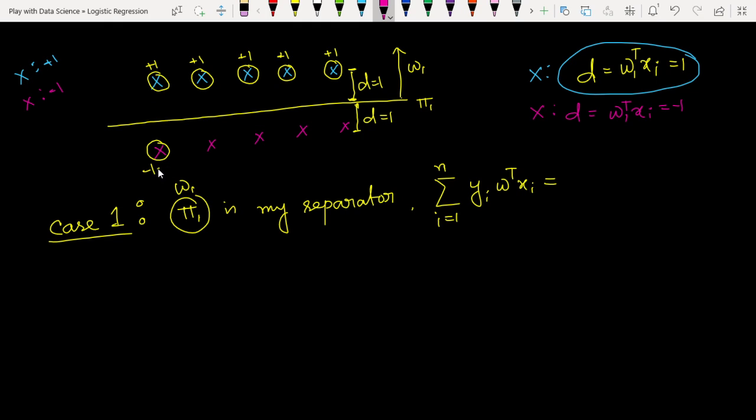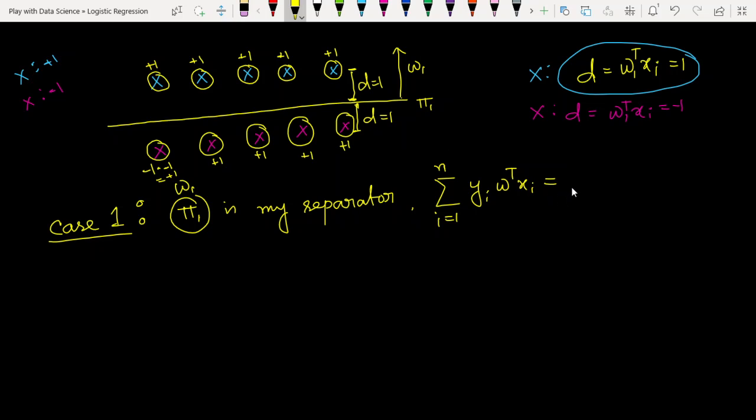So at the final calculation, this is minus 1 for this point and the multiplication is also minus 1, so finally it will be equal to plus 1. Similarly this point will also be plus 1, this point will also be plus 1, and this point will also be plus 1.